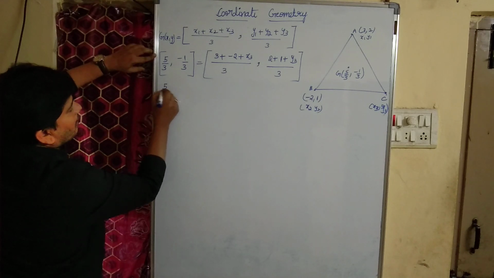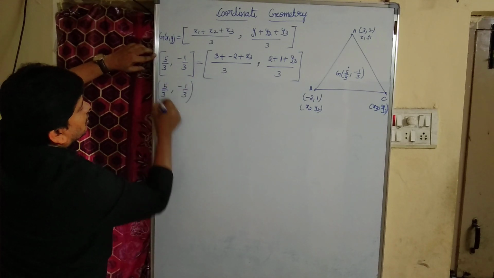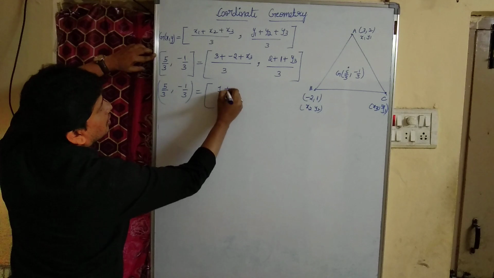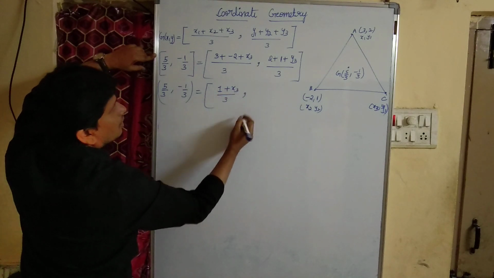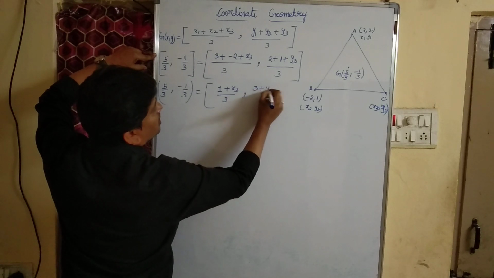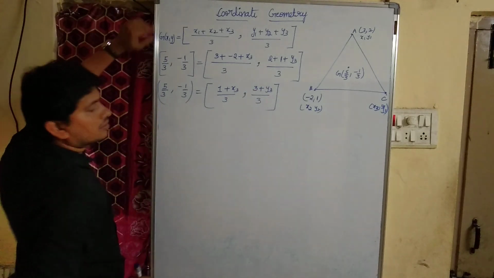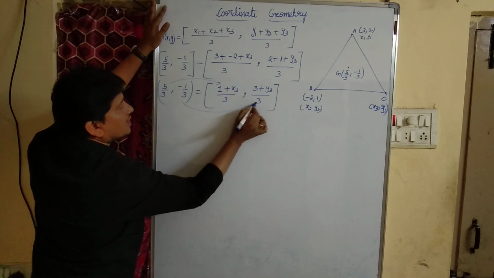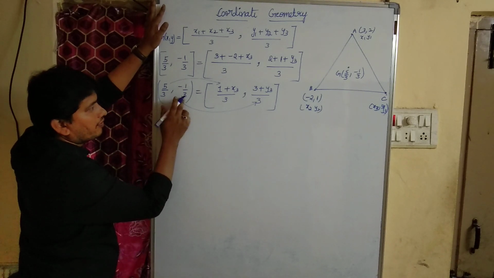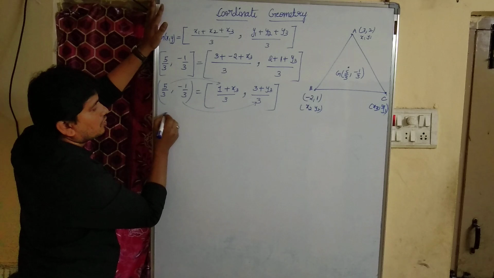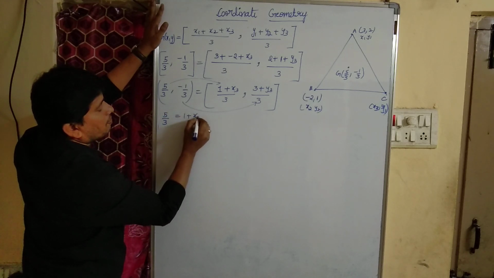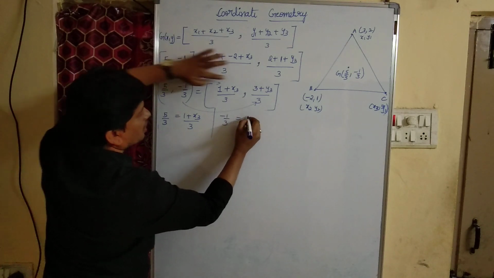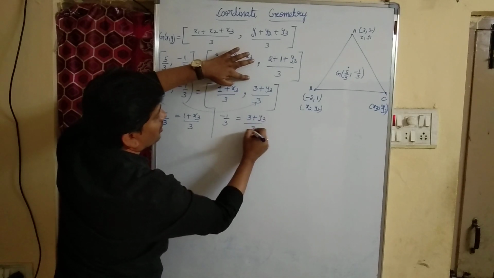So 5 by 3 comma minus 1 by 3 equals 3 minus 2 plus x3 by 3 comma 2 plus 1 plus y3 by 3. Now we have to equate the x coordinates and the y coordinates. So the x coordinate: 5 by 3 equals 1 plus x3 by 3, and the y coordinate: minus 1 by 3 equals 3 plus y3 by 3.